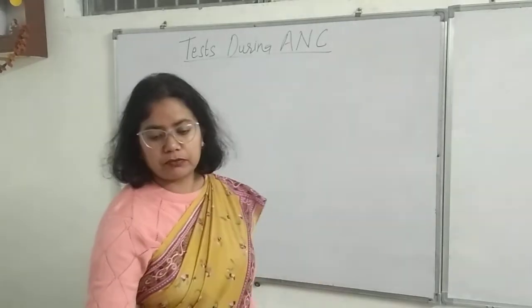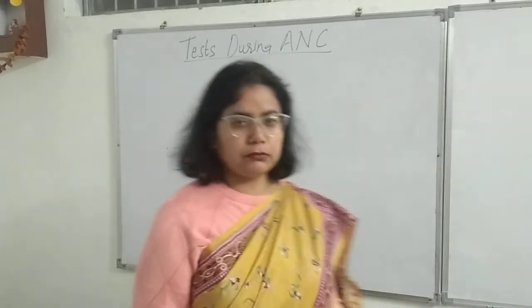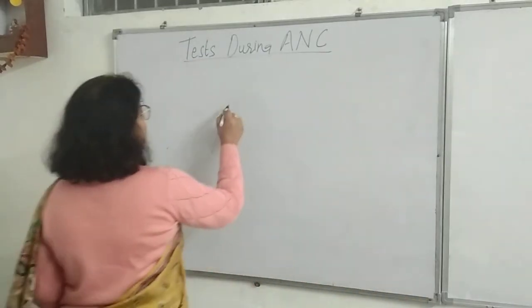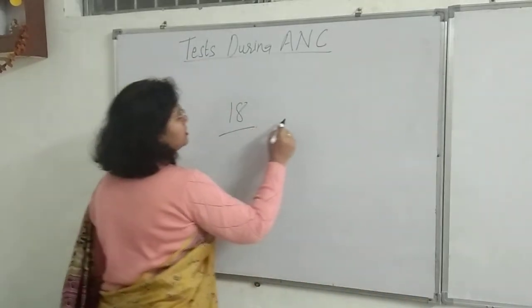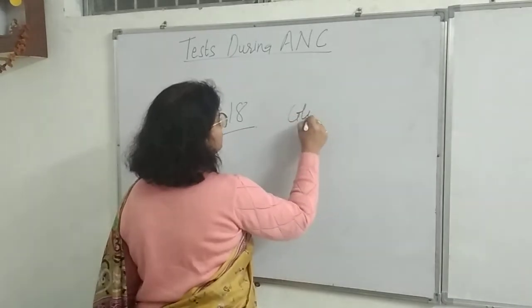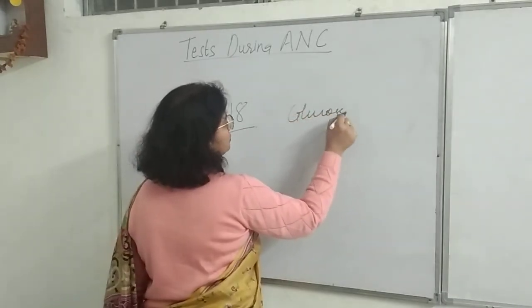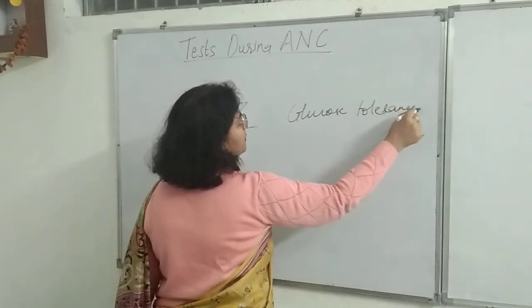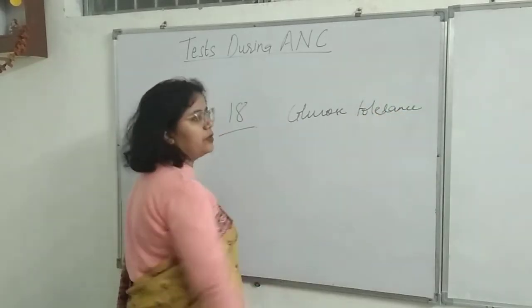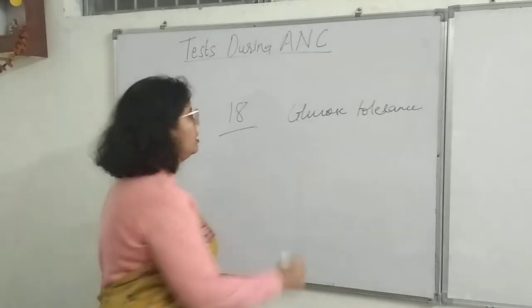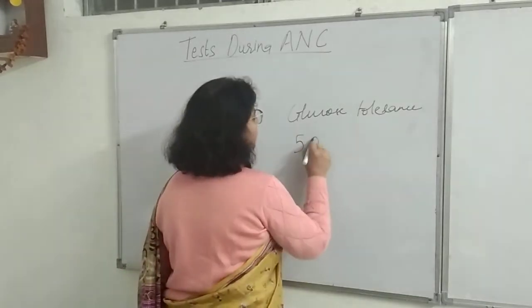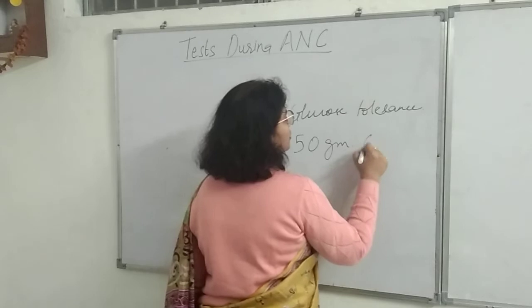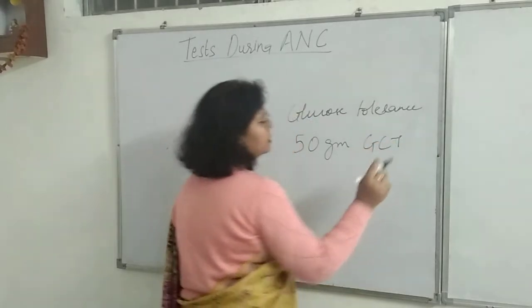Now at around 18 weeks you will again be subjecting her to a glucose tolerance test. It depends upon place to place, center to center, what they take as normal. Some centers do a 50 gram glucose challenge test.